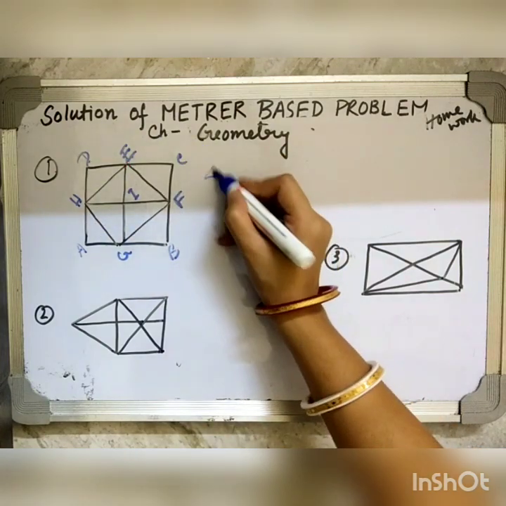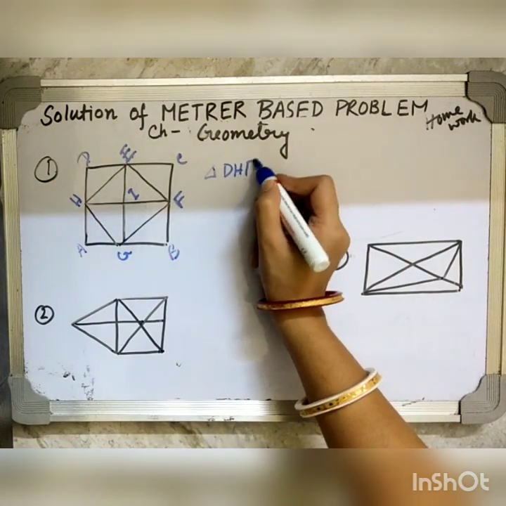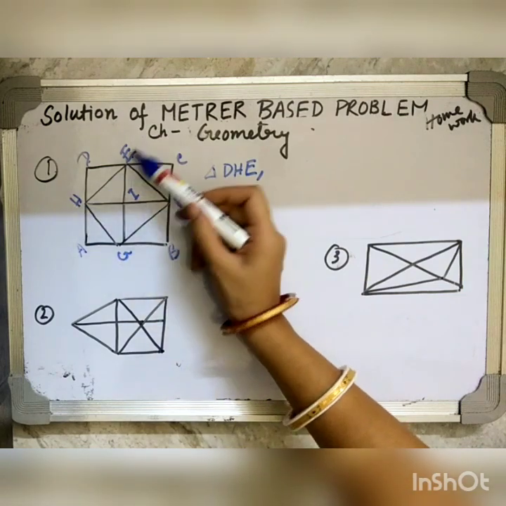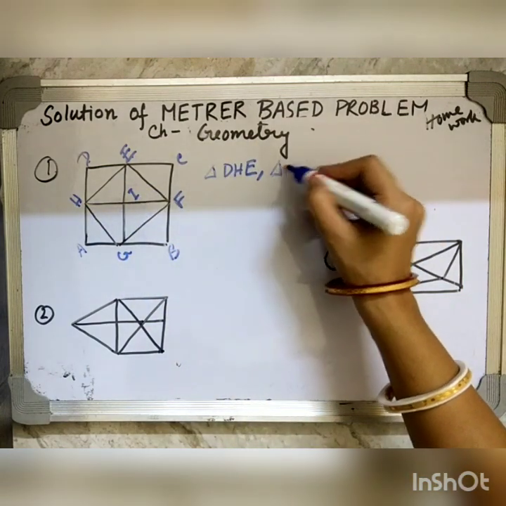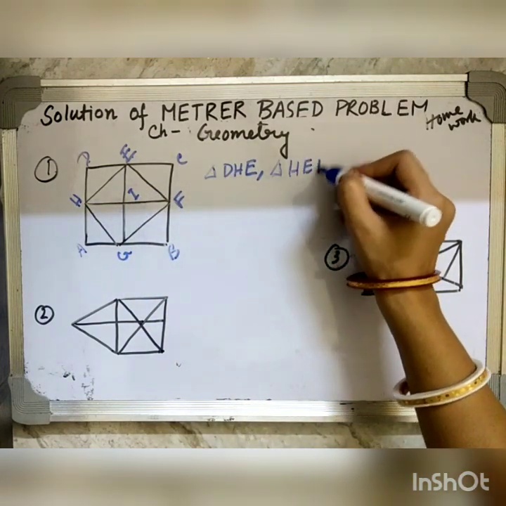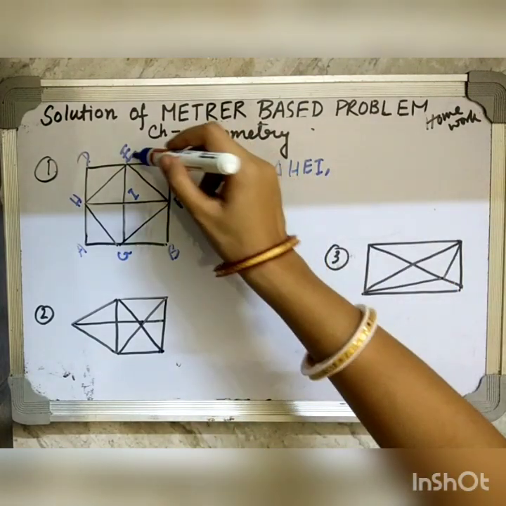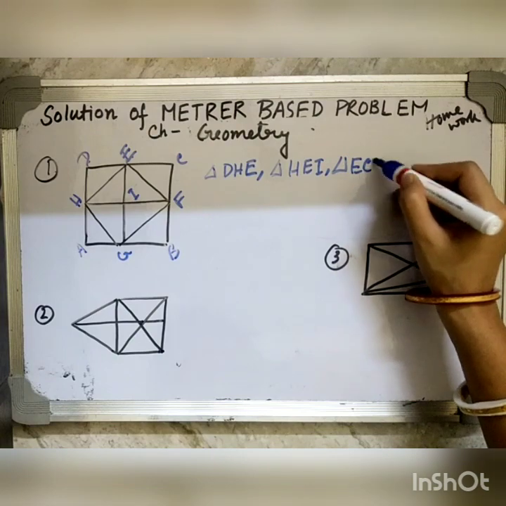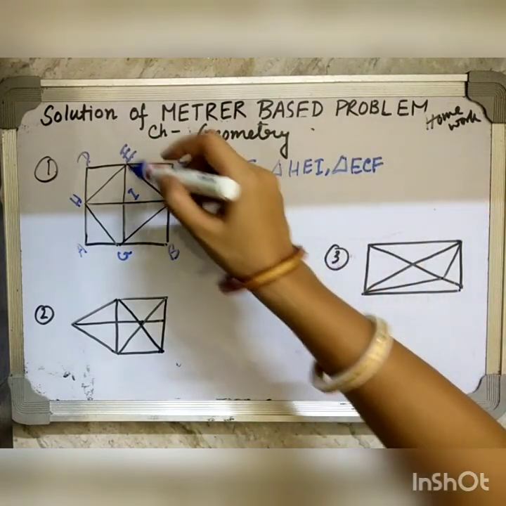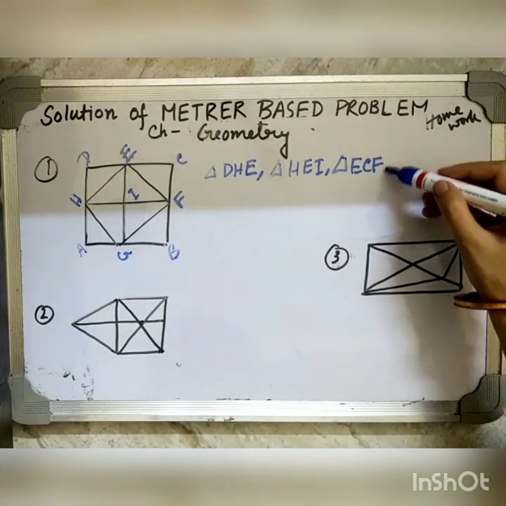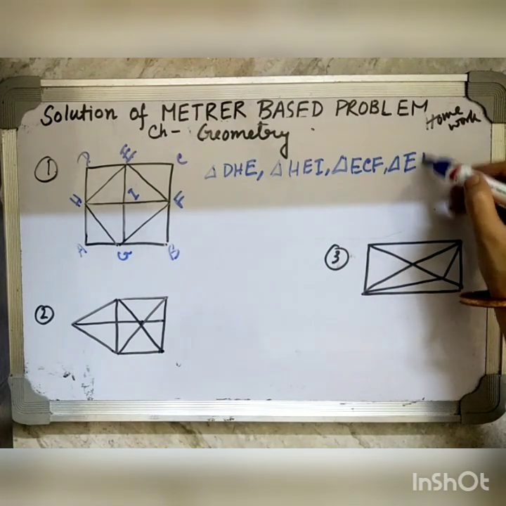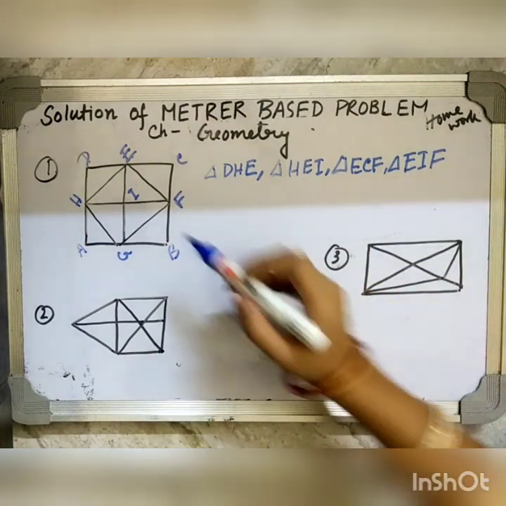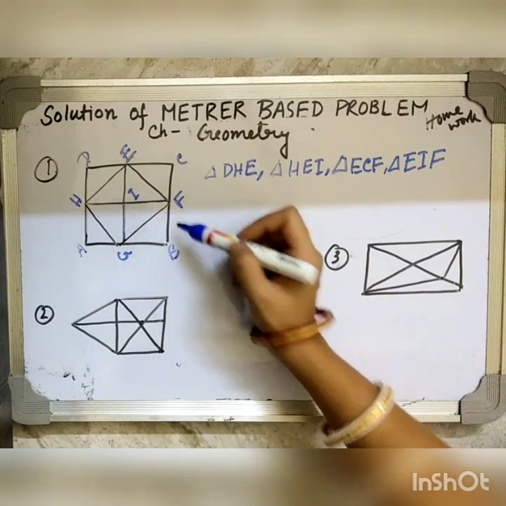DHE, HEI, triangle HEI. Now triangle ECF. Now triangle EIF. Now for this one, triangle GIF.